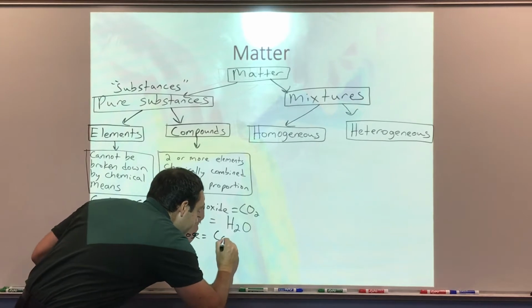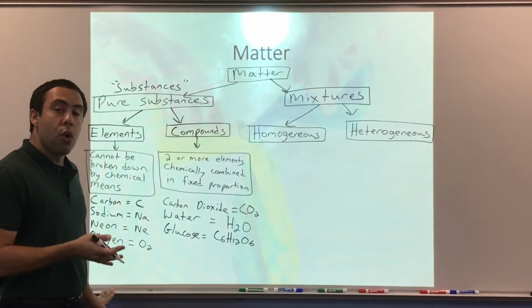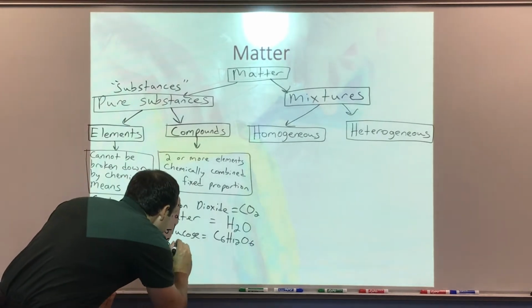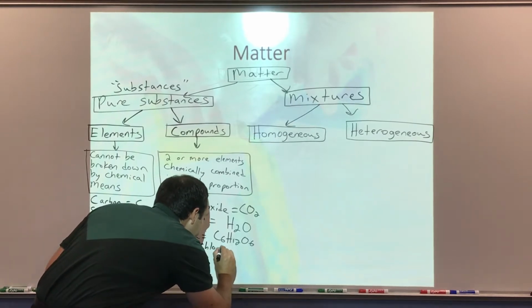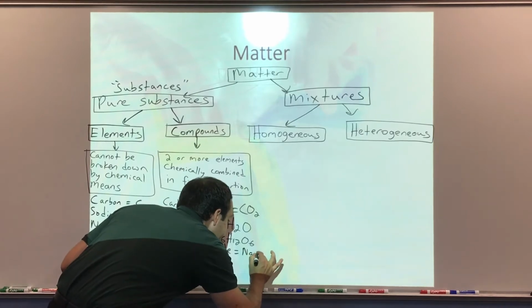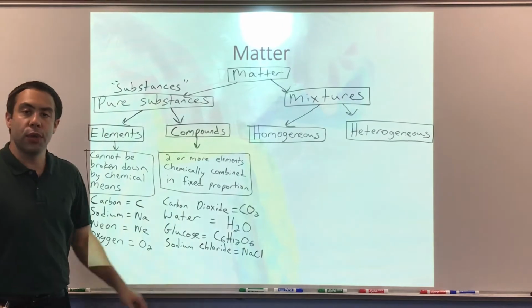Glucose is C6H12O6. Or even a simpler one, sodium chloride, table salt, capital N, lowercase a, capital C, lowercase l, NaCl for sodium chloride.